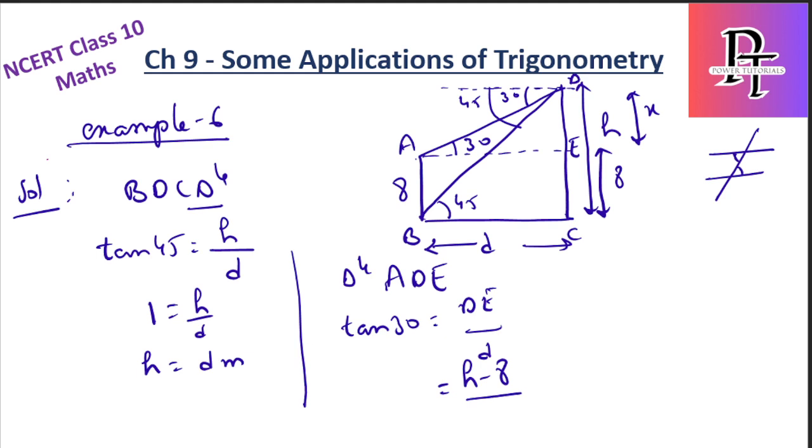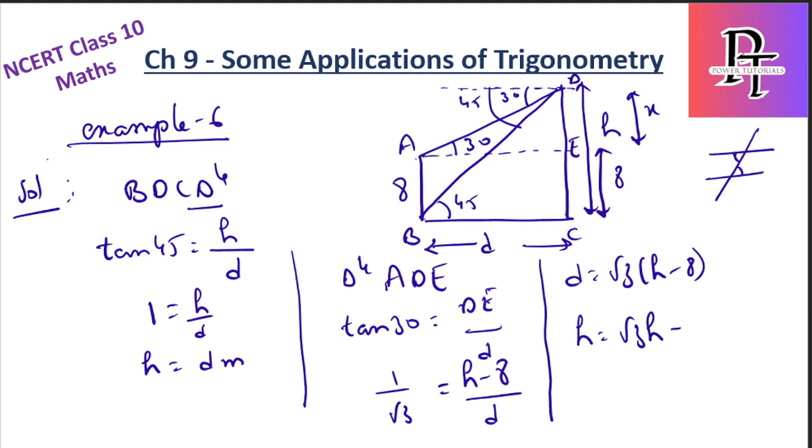D we got. Let's mark it as D only for now. And that is 1 by root 3. Now let's replace D as H. So D is equal to root 3 into H minus 8. If we replace D as H, this becomes H is equal to root 3H minus 8 root 3.